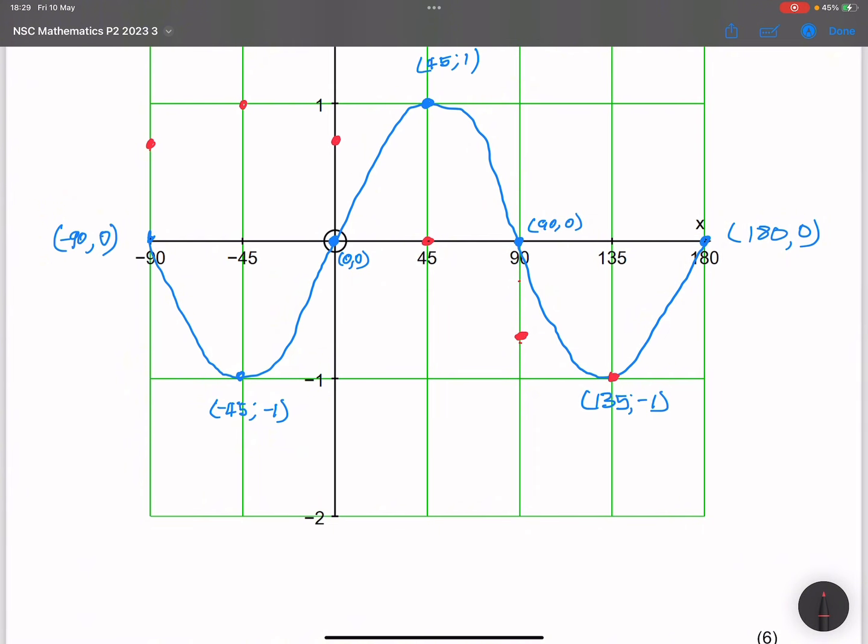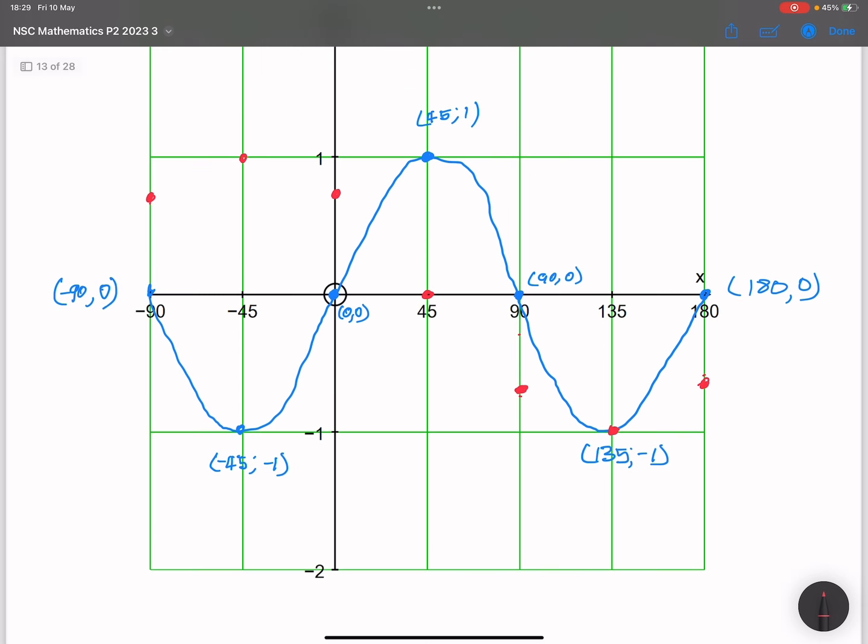And I can imagine that at 180, we'd have something like this. So what would our graph look like? We'd have a graph that looks like this. So there we go. I know that I didn't draw that very nicely at that turning point, which means the two graphs intersect at 135. Right, so now let's go to the next point.